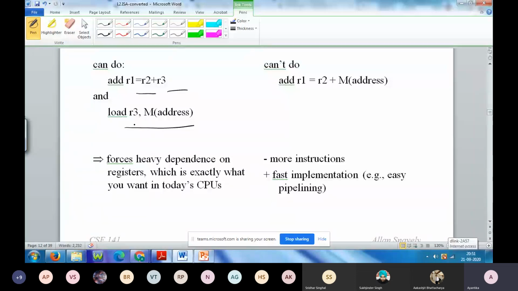So with this load instruction, you are storing whatever value is there in this memory address to a particular register. Why?